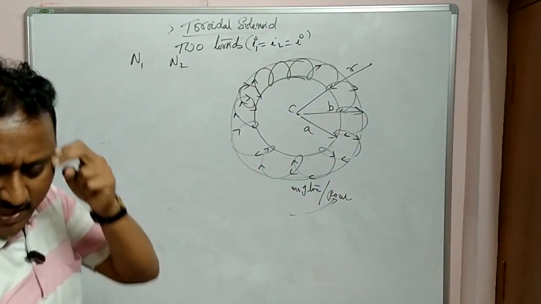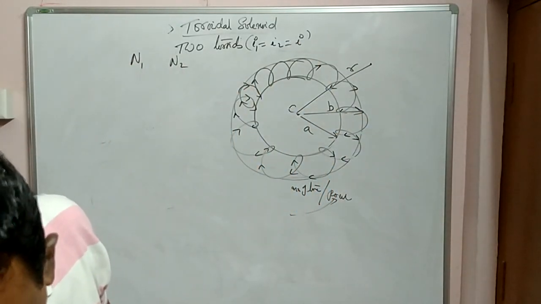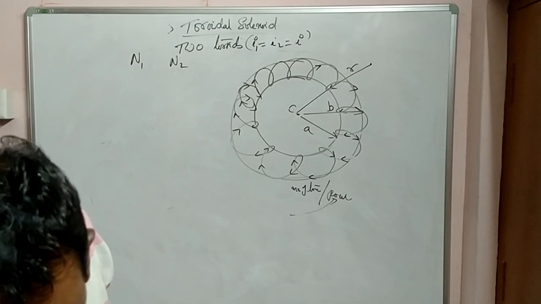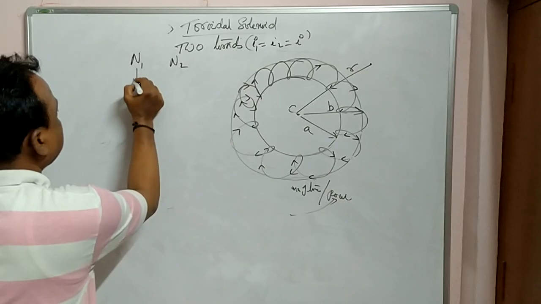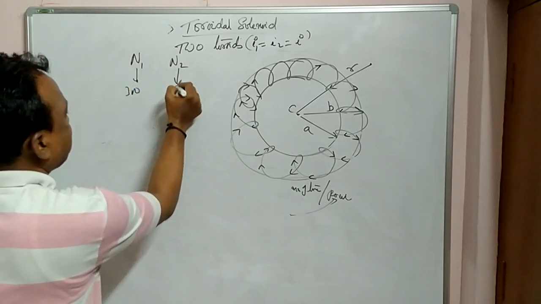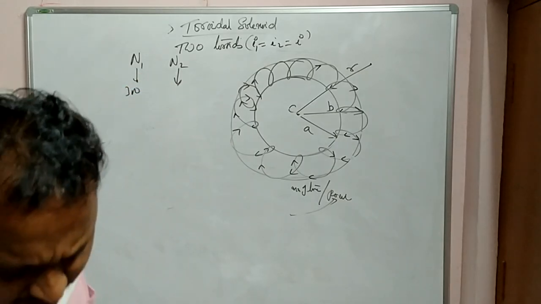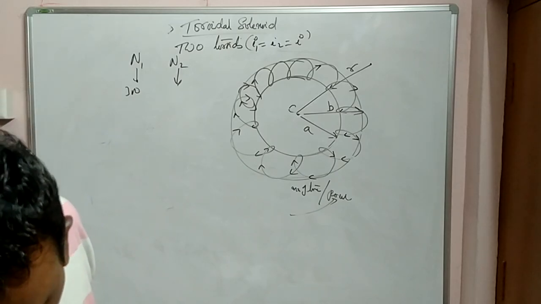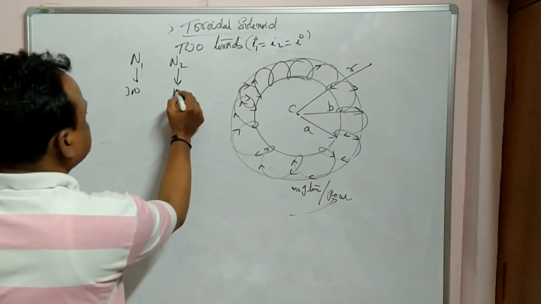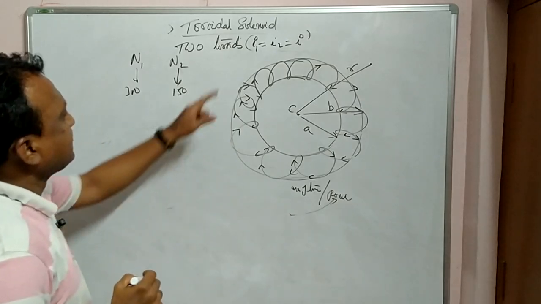The number of turns of the first one is given as 300. Second one is given as 150 turns. Same current is there.